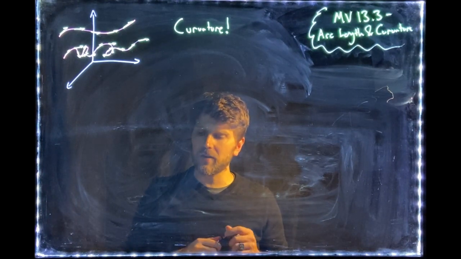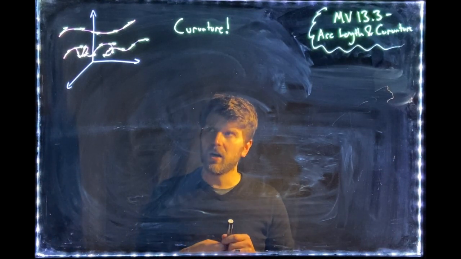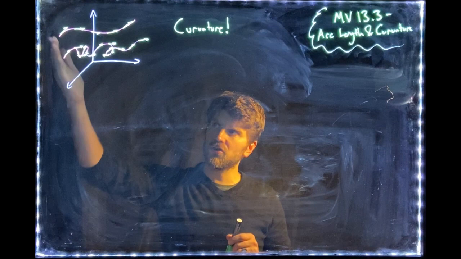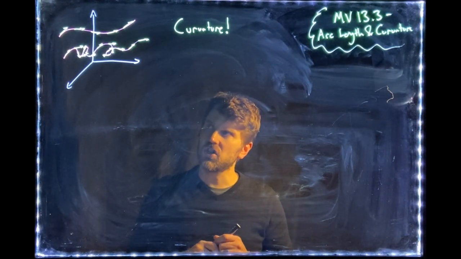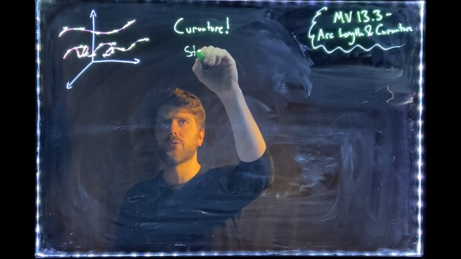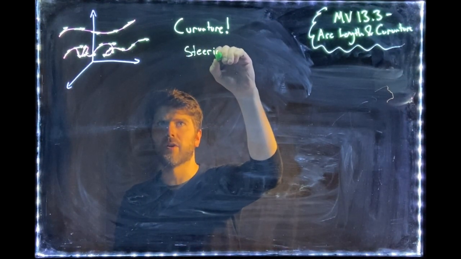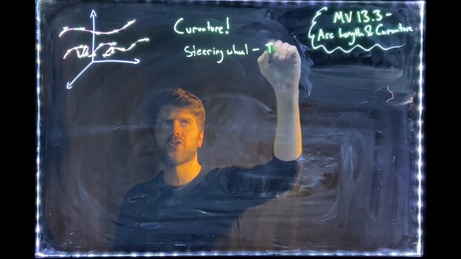And instead of thinking about a literal steering wheel, we're going to ask, well, what determines your steering? And I've actually drawn in a bunch of these things. The direction that you're going is changing all the time. And so in lieu of our steering wheel, we're going to use a mathematical steering wheel, namely the unit tangent vector.